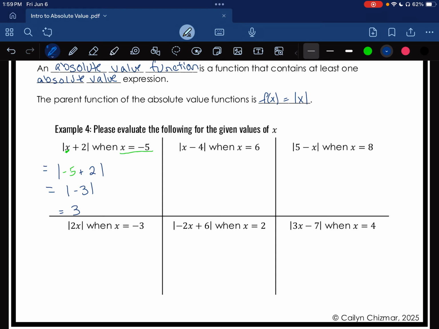Next, I'm going to do the same thing here, except I'm going to be plugging in 6 for x. So that's going to be the absolute value of 2, which is 2. And this last one.